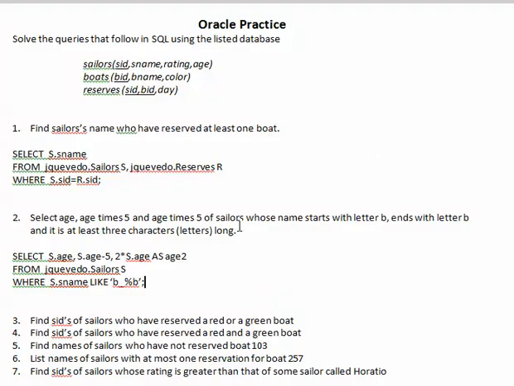Okay, I copy and pasted the query from here, and then I modify it as needed. Now notice that in my second query, I'm asking for age, and then age times 5. Since I say times 5, let's take away that minus and say times.